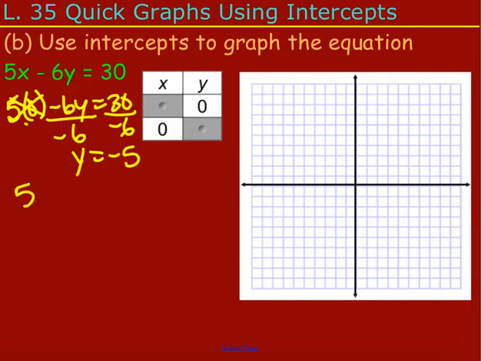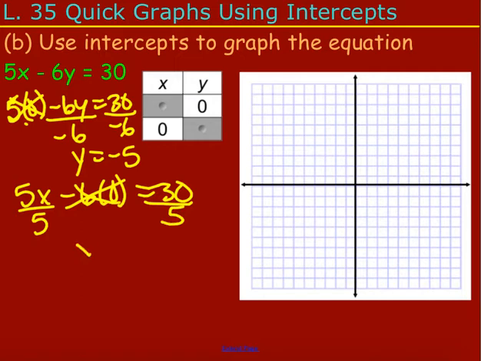And we could do 5x minus 6 times 0 is equal to 30. This goes away, and we divide by 5, and we get x is equal to 6. So when we graph this on our coordinate grid, I have an intercept at (6, 0), and I have an intercept at (0, -5). And this is my line.